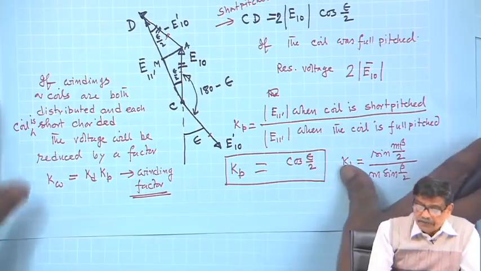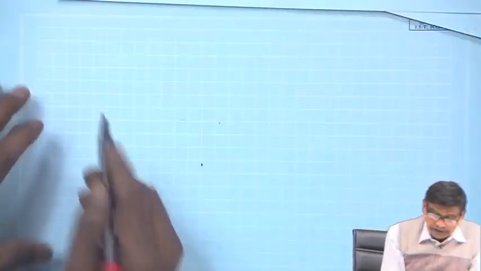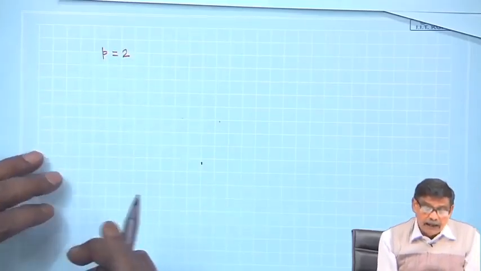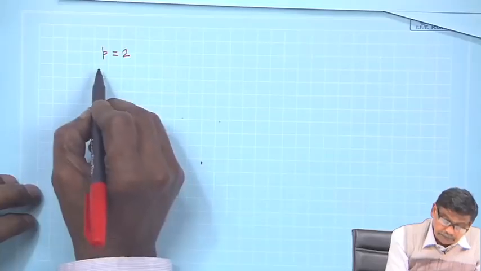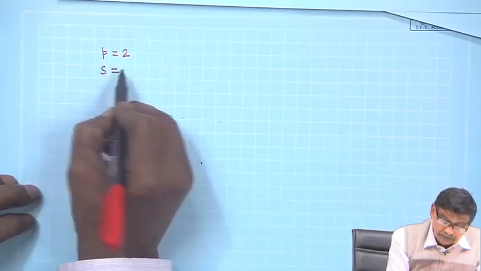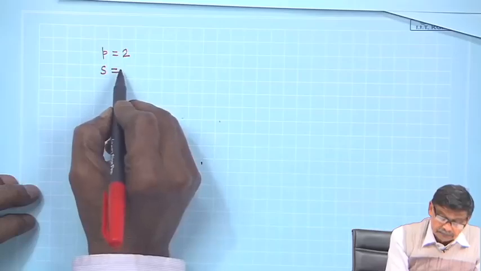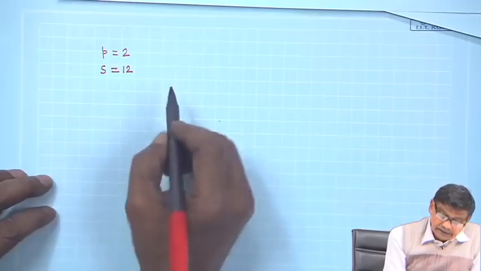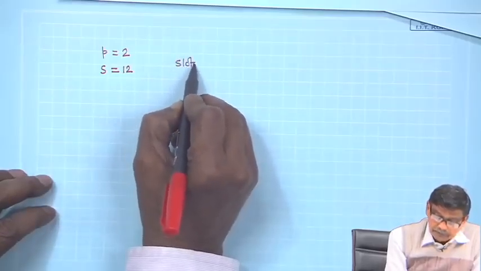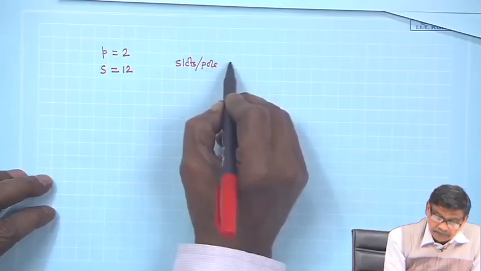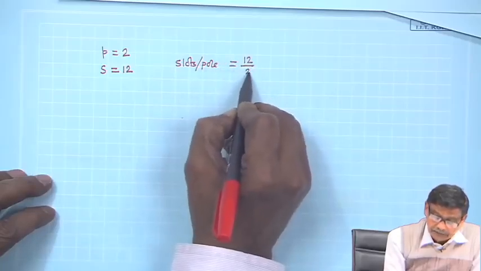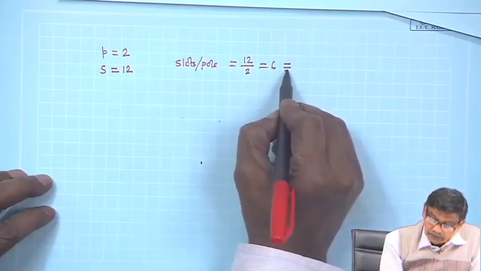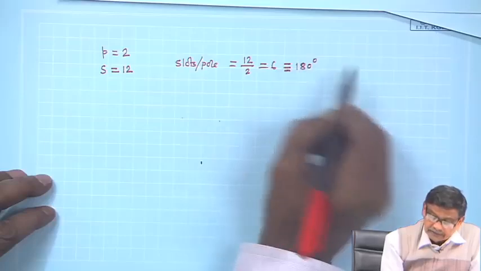For example, if you have a two pole machine, P is equal to 2, and the number of slots is, say, 12, then slots per pole is equal to 12 by 2 is equal to 6, and this is equivalent to 180 degrees electrical.